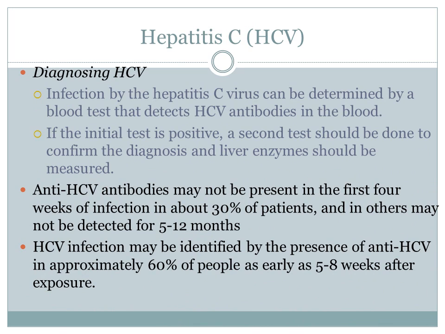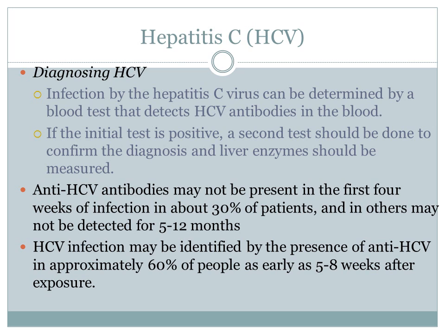Okay, so with diagnosing hepatitis C virus, we do a blood test that detects hepatitis C antibodies in the blood. If this test is positive, we then move on to a second test to confirm the diagnosis, and then we move along with liver enzymes.